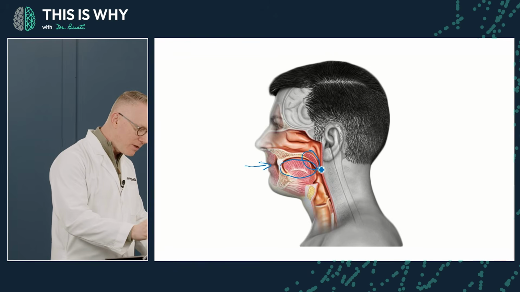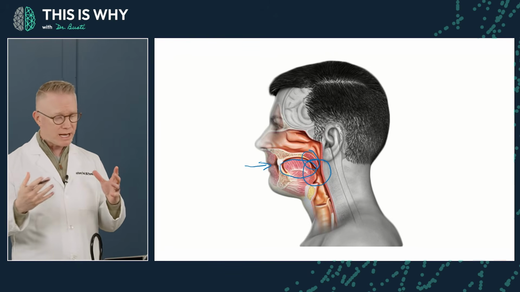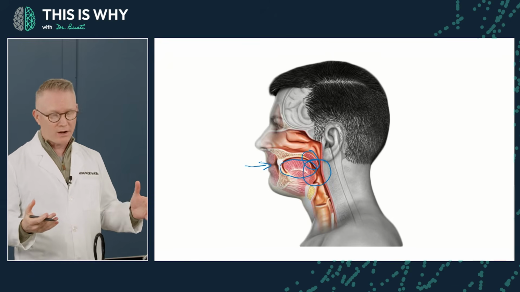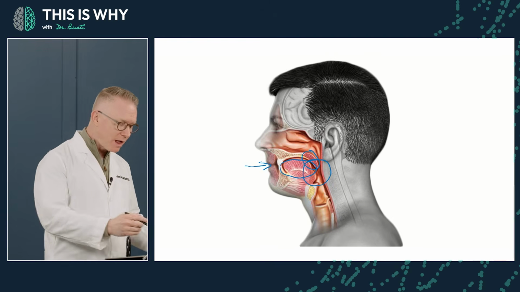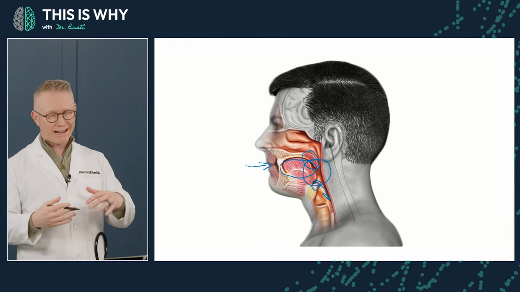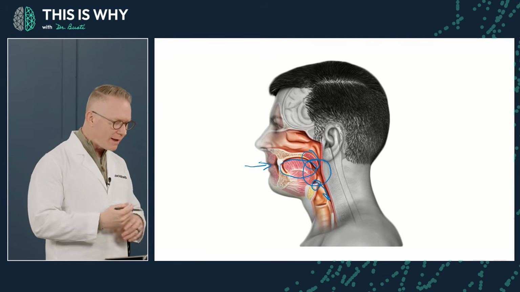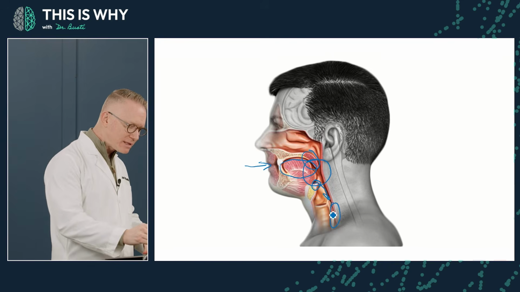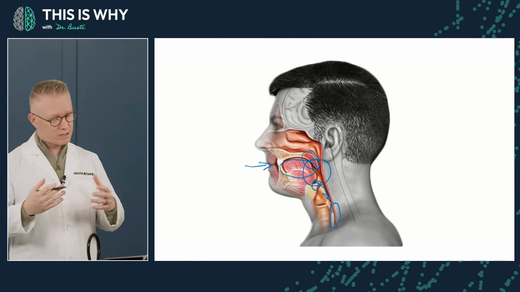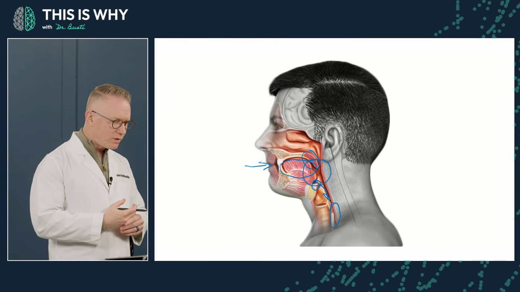Then this is the posterior oral pharynx, which is very close in anatomy and proximity to the larynx that leads to the trachea, so that goes down our airway. We have an epiglottis that folds down as we swallow to protect that airway from food going directly into it. And then the esophagus, which passes behind that airway down into the thorax and eventually through the diaphragm, where it then enters the stomach.